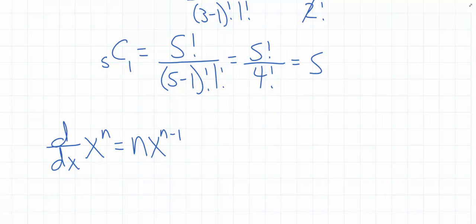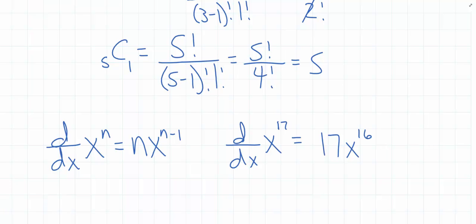So now we're ready to differentiate a power function. We could say x to the 17th power. That would be a real ugly one to expand out, but it's just 17x to the 16th. There it is, and there's our derivative for that one.